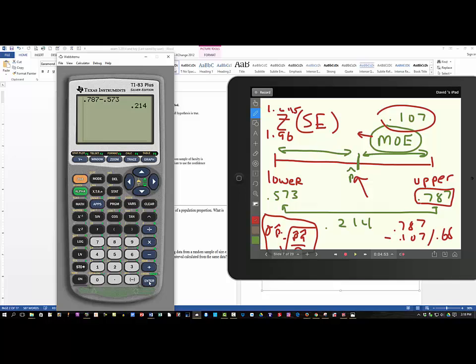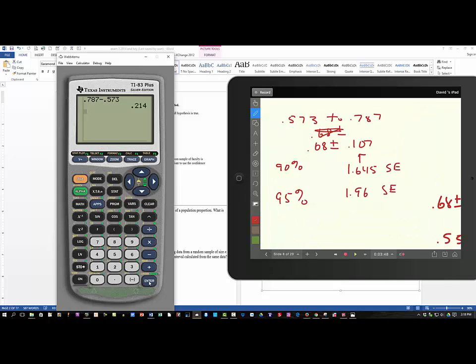So that's p-hat. So one way of stating this whole interval would be to say 0.68 plus or minus the margin of error of 0.107. Which is what I have here.